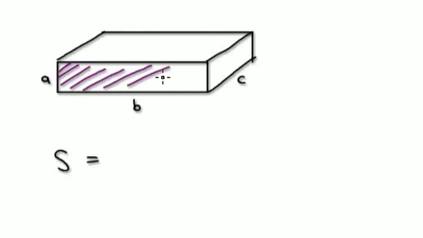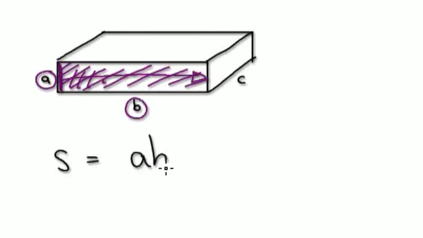To work out the area of this, you would get the height A and then sweep it all the way across B to sweep up the whole area. So this area is given by A times B, AB. And don't forget, there's another exact same area around the back, so you have to add another AB.